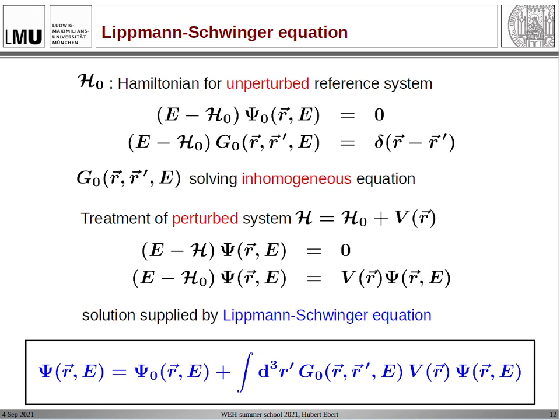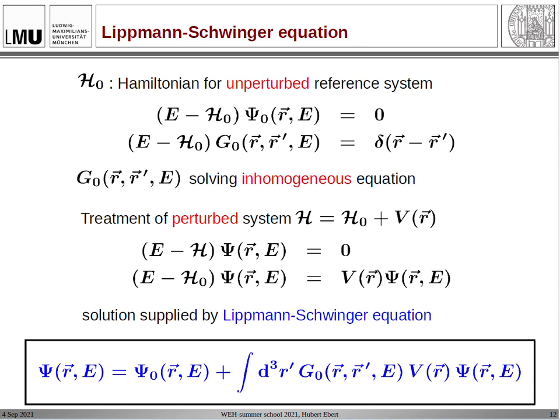We can reformulate it, and now the additional new potential shows up, so to say, with that wave function we look for as an inhomogeneous term. And from this, we are led immediately by making use of the second equation that we get a solution to the more complicated situation by making use of the Lippmann-Schwinger equation that you have seen already before.